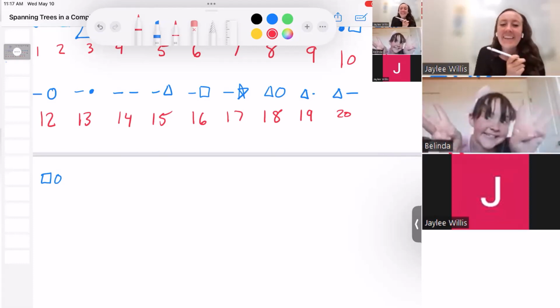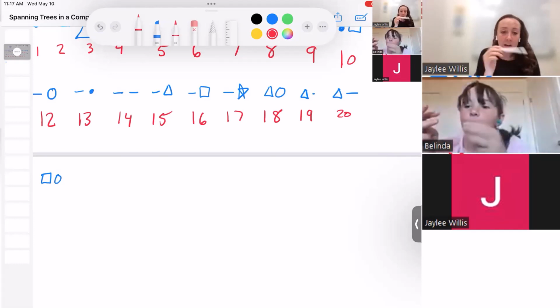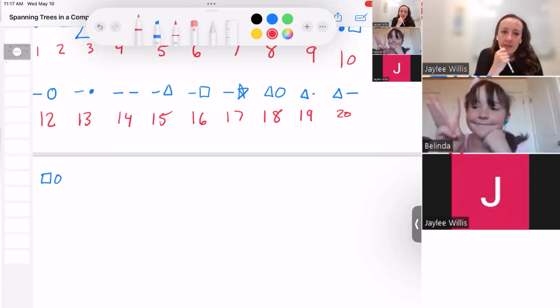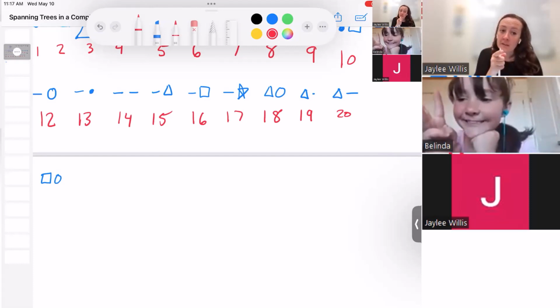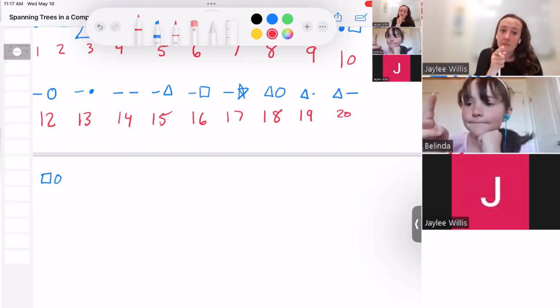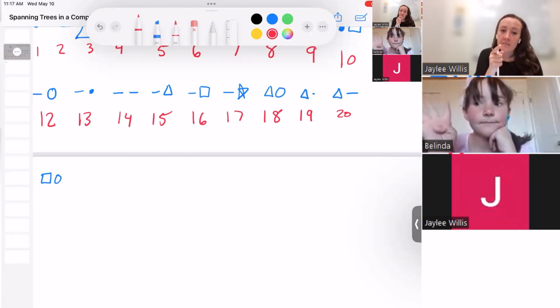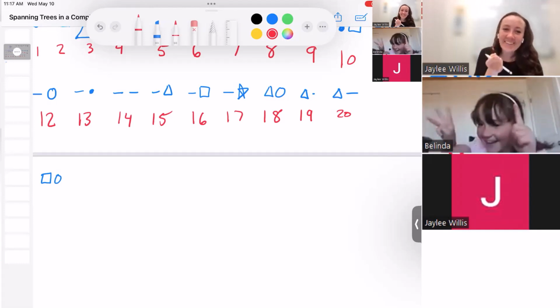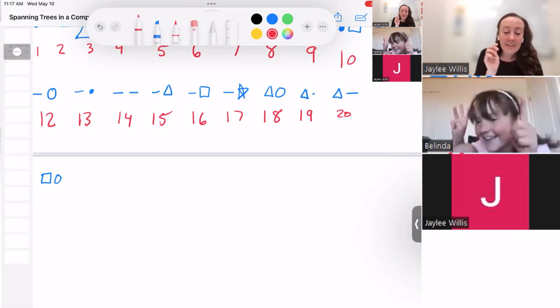Okay, so we have tri-T. Hold up tri-T. Now hold up square T with your other hand. So you have square T fingers up. How much does that represent?